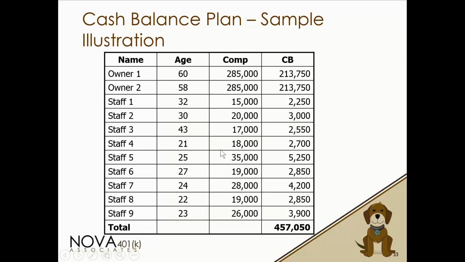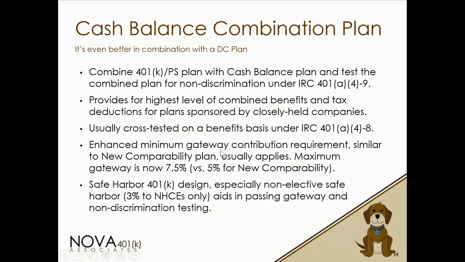A cash balance combination plan is even better in combination with the defined contribution plan. So in this example, we combine a 401k profit sharing plan with the cash balance plan and test the combined plan for non-discrimination under Internal Revenue Code 401(a)(4). It provides for the highest level of combined benefits and tax deductions for plans sponsored by closely held companies.